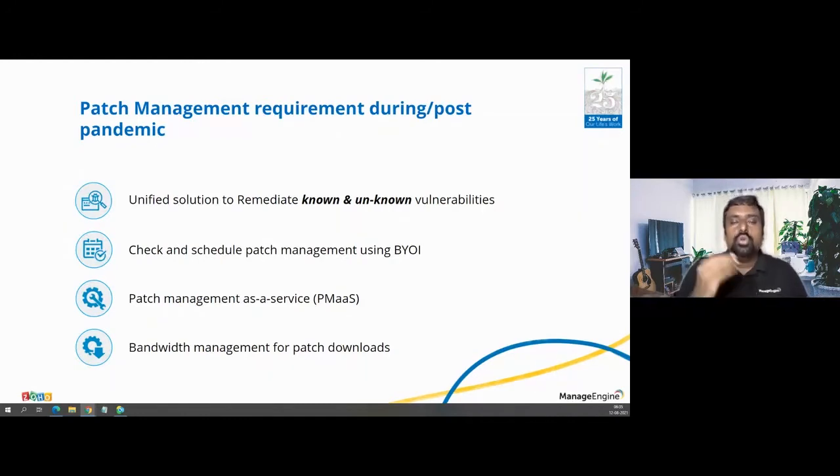Knowing those unknown vulnerabilities is very, very important, because these new-age ransomware will utilize them for lateral movement. So it's one of the requirements that we've been trying to fulfill for our customers.